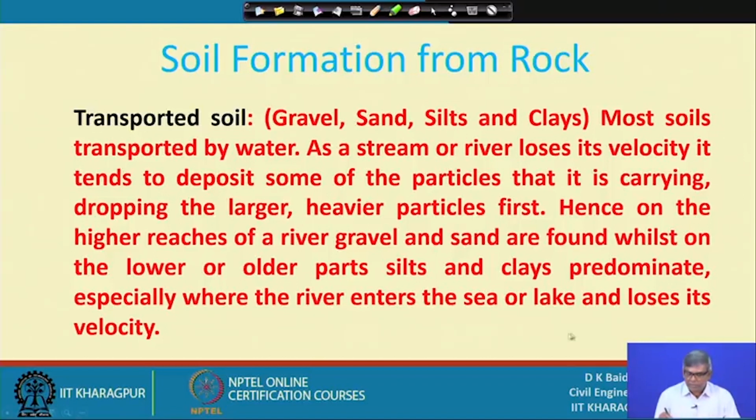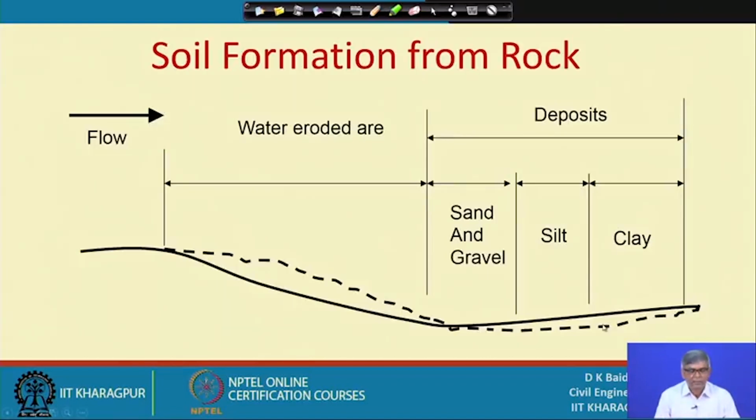So, I will try to show how this happens. Suppose this is the river flowing in this direction, and this dotted line was the original line of the bed of the river.